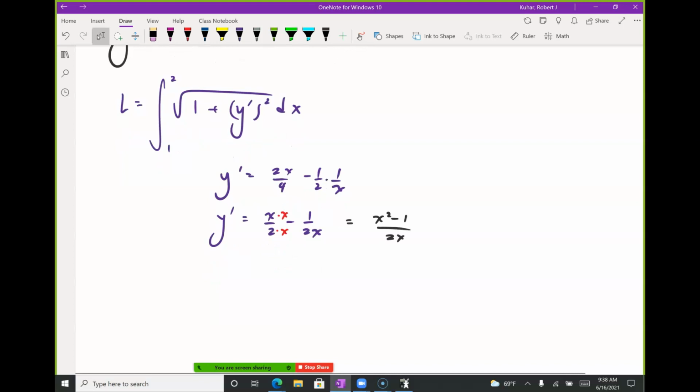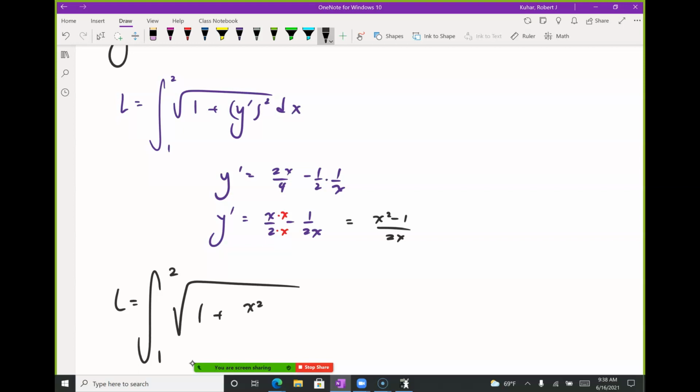I can kind of go into my formula now for my arc length. So from 1 to 2 of the square root of 1 plus x squared minus 1 all over 2x quantity squared. You can do your algebra on the side. You can do it inside the formula. I don't care.